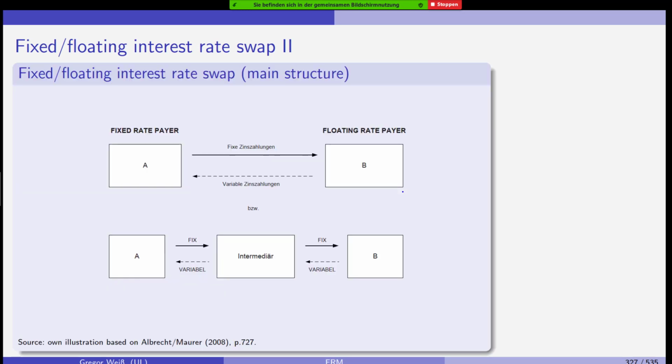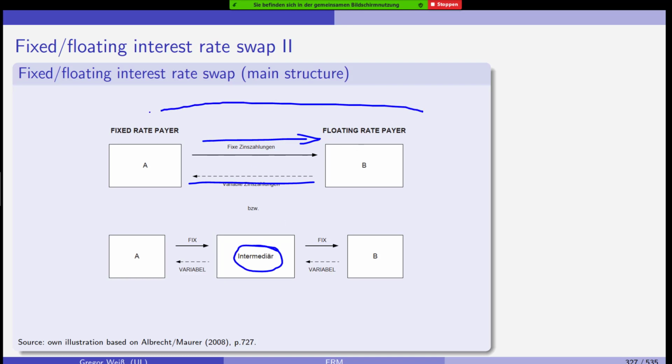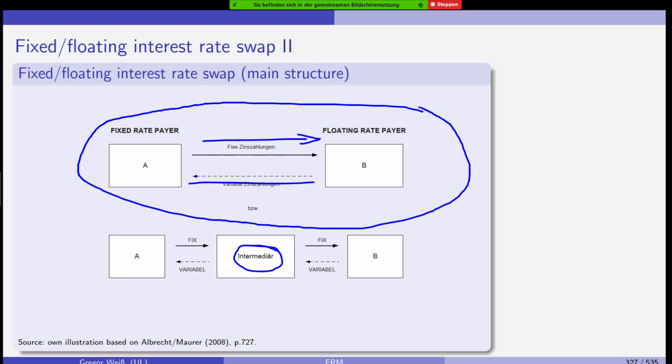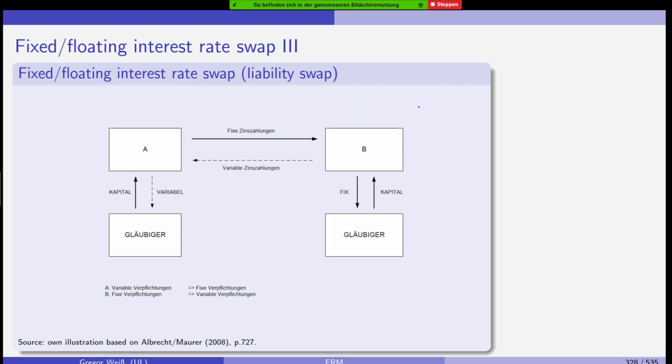So this is a fixed floating interest rate swap, the main structure. The fixed rate payer A, the floating rate payer B. We have fixed from A to B, variable from B to A, sometimes also with an intermediary, but this is the simplest version here, fixed for floating. Okay.